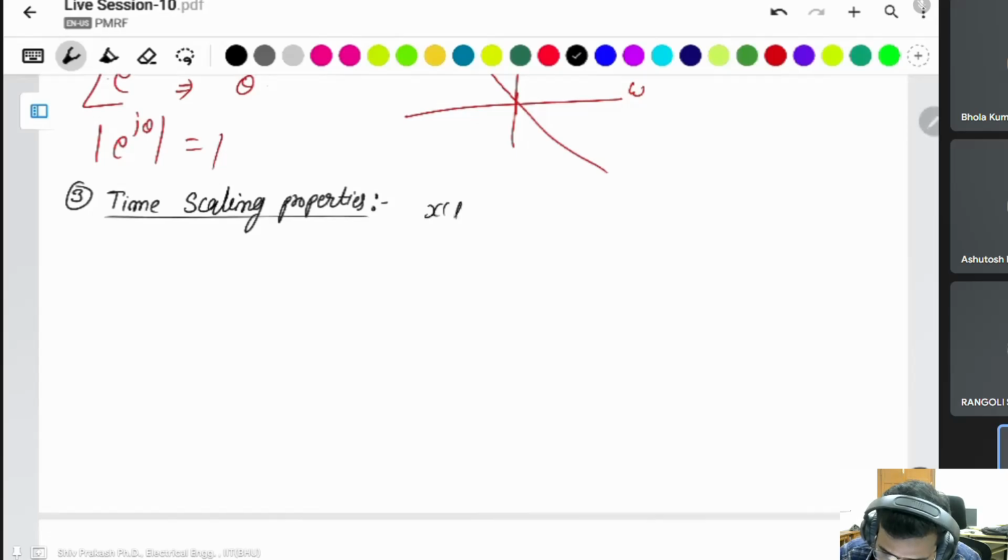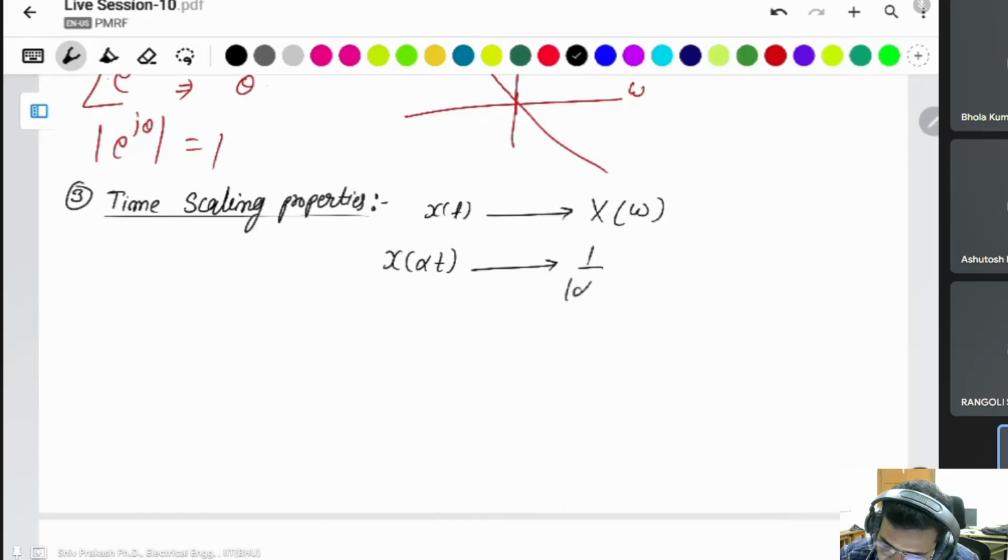It says that if there is a time domain signal and the Fourier transform of that signal is X(omega), if you scale the time domain of that signal by alpha, then in the frequency domain it will affect the magnitude and the bandwidth also. It will be affected in both bandwidth and magnitude. This will be scaling.